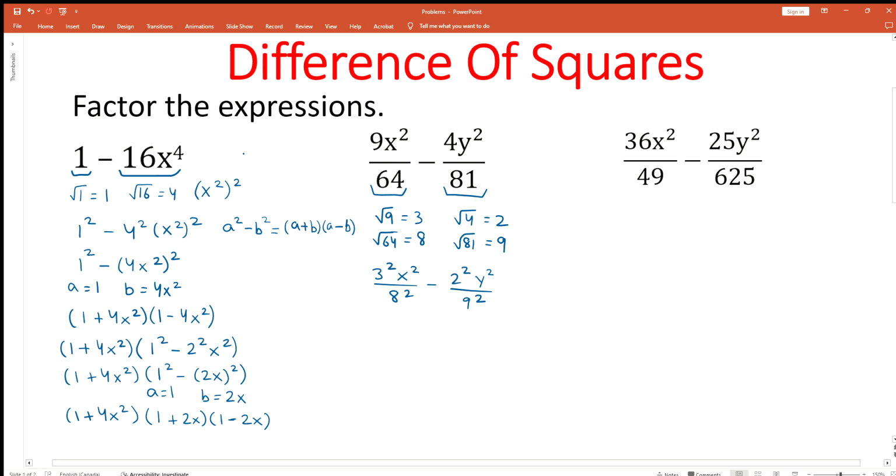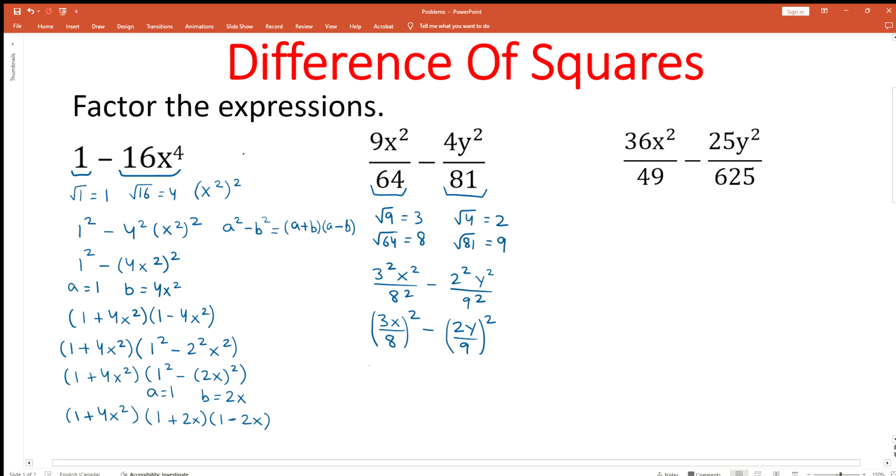In the first term, 3x and 8 have a square on them, so we can put these terms in parentheses and put the square outside the parentheses. We can do the same for the other term, 2 squared y squared over 9 squared. Now we can factor this expression using the difference of squares factoring method.